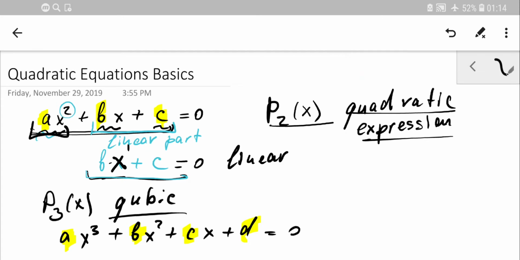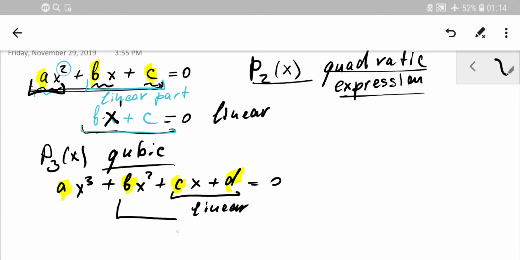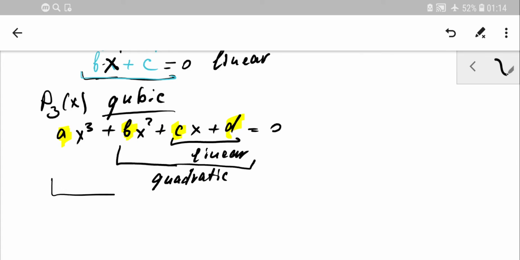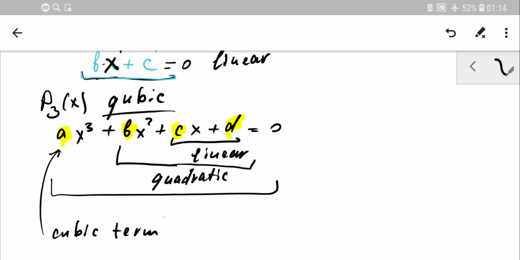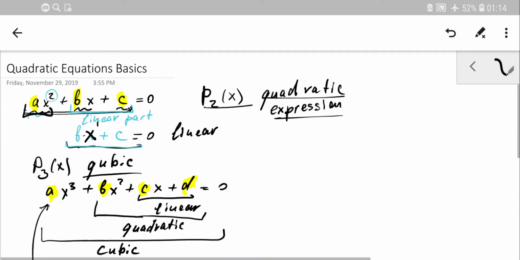If you compare, this is the linear part, this is what is called quadratic, and if you combine with x cubed, that's the cubic term, which is the leading one. You'll get cubic equations. Of course, you can use powers higher than 3, but because we are on the basics, we are not going to do that here.